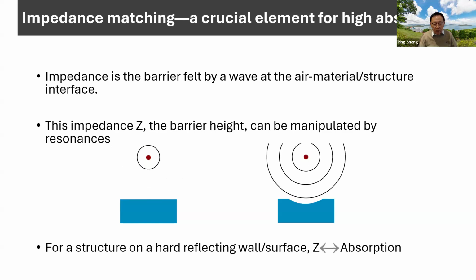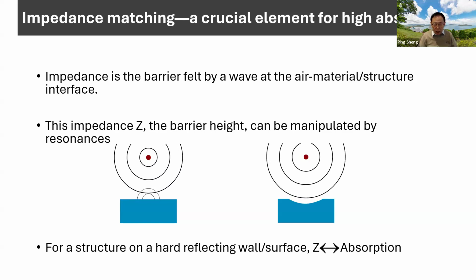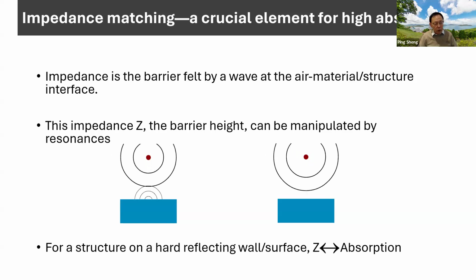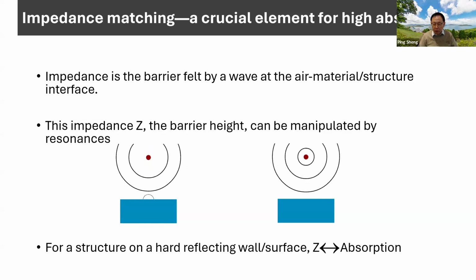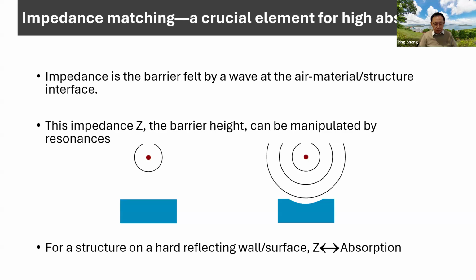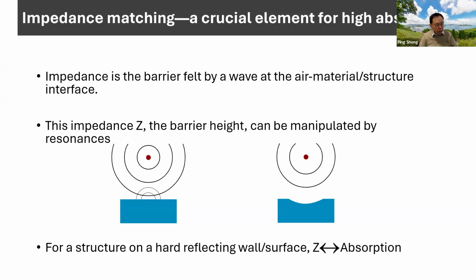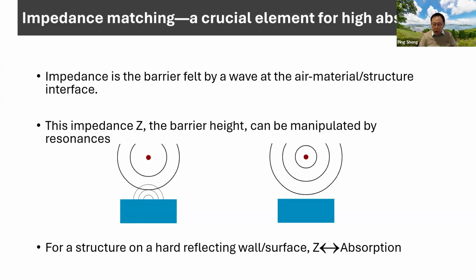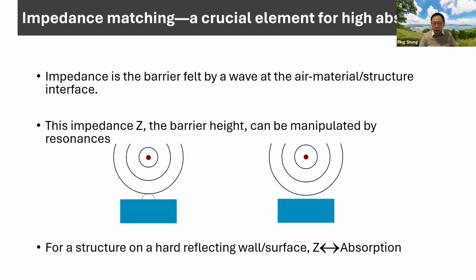And with impedance matching, since there is no reflection and there's no transmission because it's placed on a reflecting substrate, that means you can have very high absorption, right, from energy conservation. Because in this present case, reflection plus absorption has to be equal to 1.